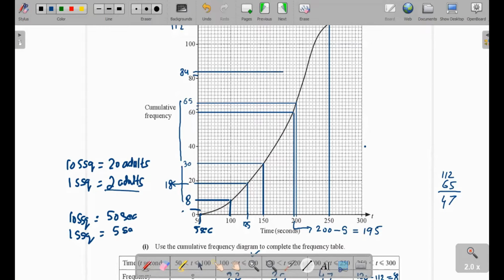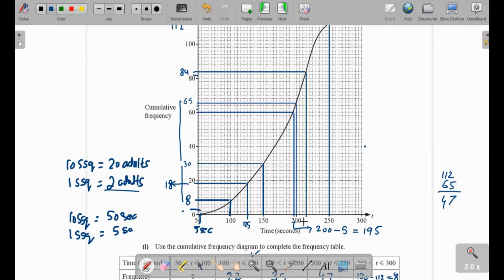That line meets the curve at this position. Now we draw a line from this position towards the time axis, and it meets at this position. Now we count the squares, 1, 2, 3, which is 15 because one square is 5.